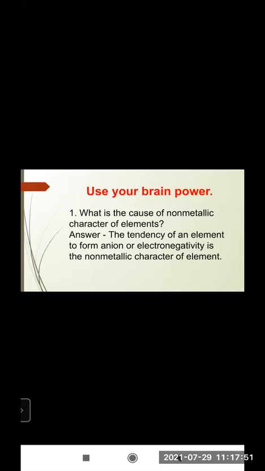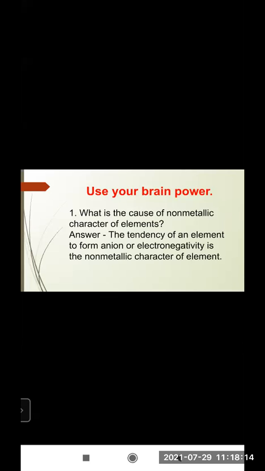Now see, what is the first question? What is the cause of non-metallic character of elements? These questions are based on metallic and non-metallic character, whatever things we have seen from page number 26 and 27. So see, what is the first question? What is the cause of non-metallic character of elements? So see the answer.